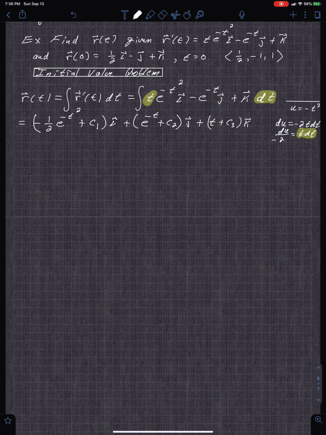Then you substitute for t equals 0 because that's what is given here. So this means t equals 0, and then you set it equal to that. So for t equal to 0, we have, substitute in that actual value right here. Plug that in and set it equal.